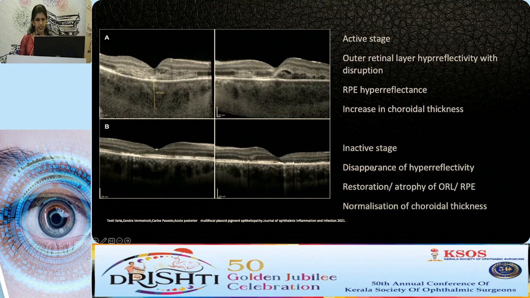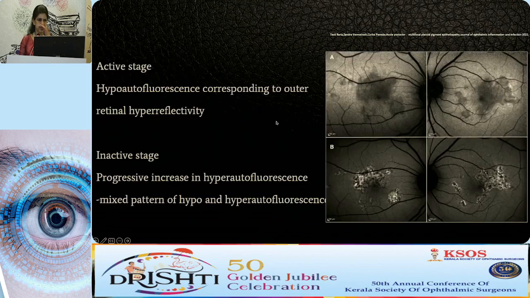In the inactive stage, there is disappearance of the hyperreflectivity and there may be restoration, partial restoration or atrophy of the outer retinal layers with normalization of the choroidal thickness. On FAF, you have hypoautofluorescence corresponding to the outer retinal hyperreflectivity, and in the inactive stage you have progressive increase in the hyperautofluorescence.